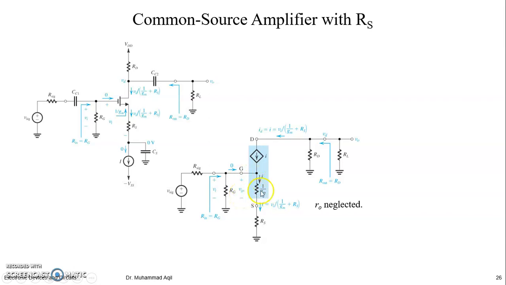Again, with this VGS across this resistance, you have a current I, and that current I is the same, right? So it's up to you. You take the product of this to put it here, or you find the ratio of this thing to find I, and then I here, same thing.